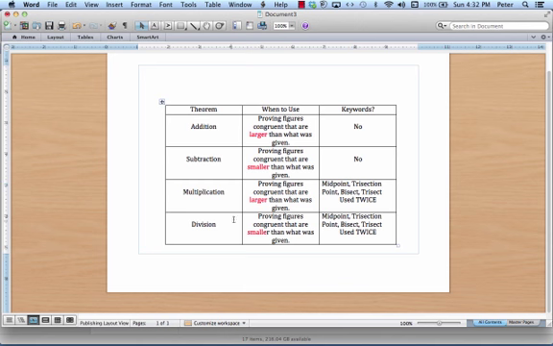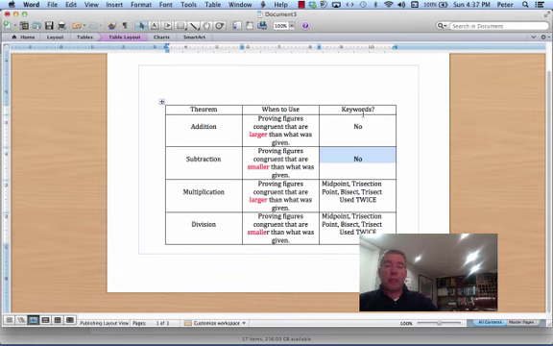For subtraction and division, that's when we're proving figures congruent that are smaller than what was given. And just as before, if we don't see any keywords, then we use subtraction. But if we're told something is the midpoint or the trisection point, or we see bisect or trisect twice, then we know we should use division.